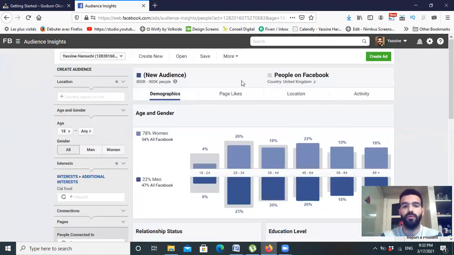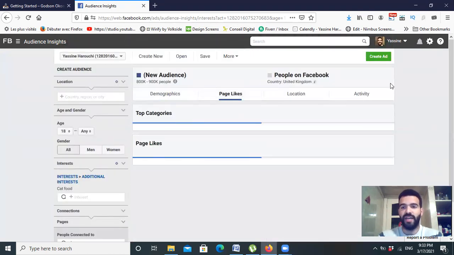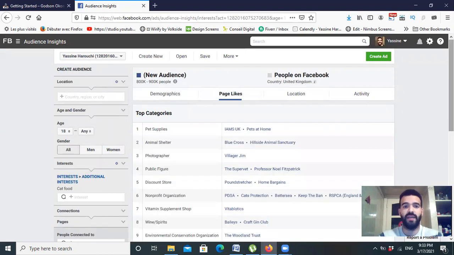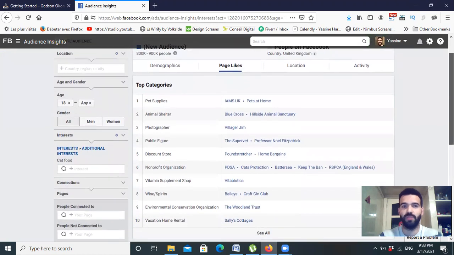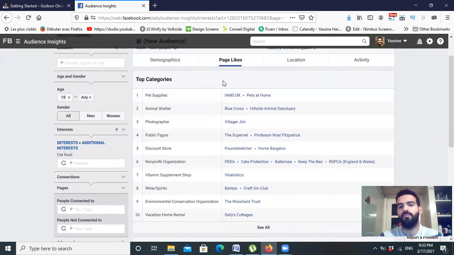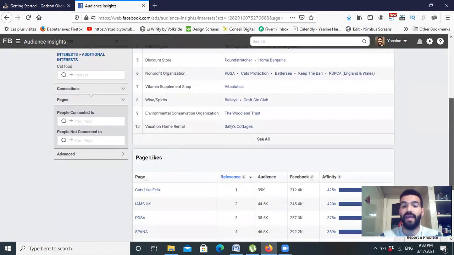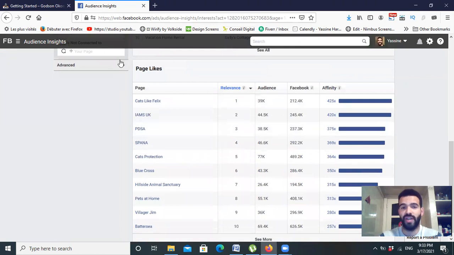So what you do, you go to page likes, and that's what I learned over time. Because again, you need to uncover some hidden interests that Facebook doesn't give you. Most will tell you to go with this one, that one, that one. Even better yet, you go to page likes, because you cannot target groups, but you can target pages sometimes. What you do, you go to affinity.